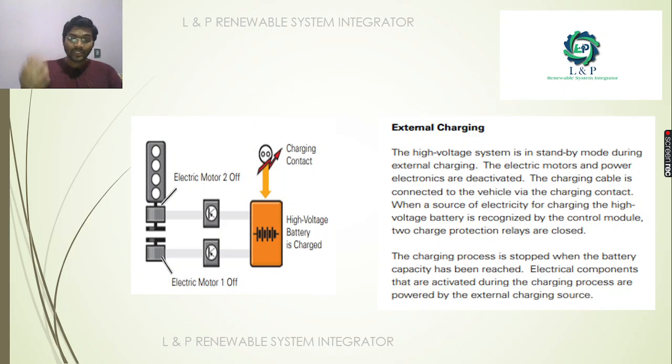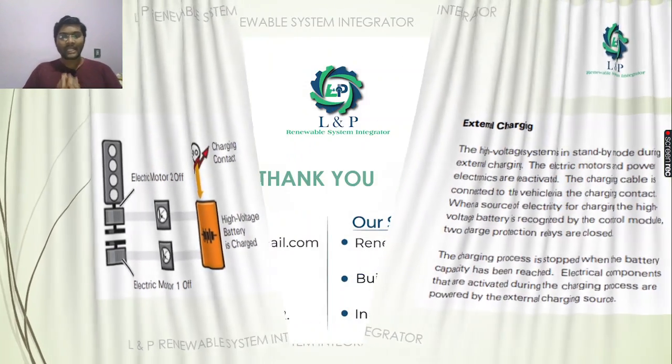As we saw earlier, we also have a charging contact externally. So if you want to charge this high voltage battery, we can do it with the help of this charging contact.